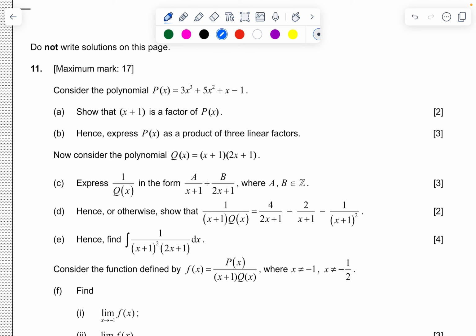Then what has been asked over there? Show that x plus 1 is a factor of p of x. So for x plus 1 to be a factor of p of x, what am I going to do? Use the remainder theorem.